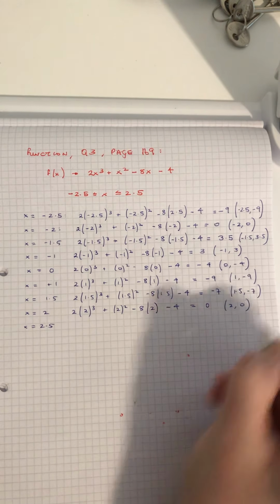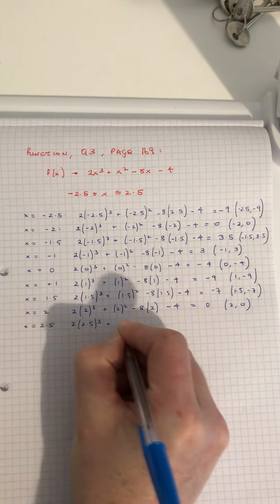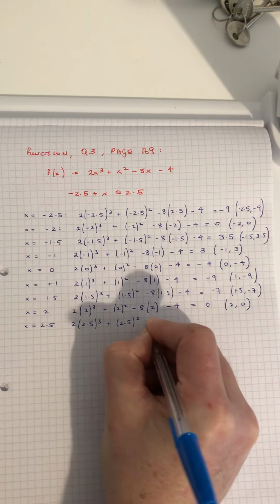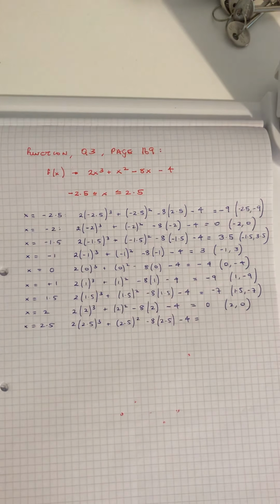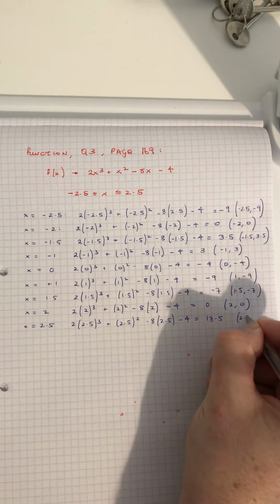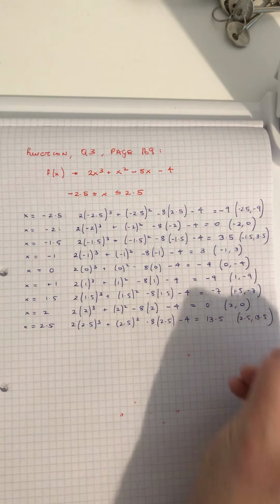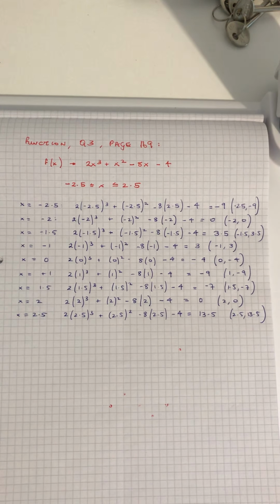So 2, 0. And finally 2 times 2.5 cubed plus 2.5 squared minus 8 times 2.5 minus 4 is equal to 13.5. So 2.5, 13.5. Now that question is messy because of the decimals, okay? So take your time, please.